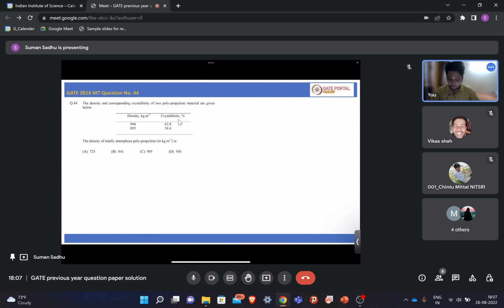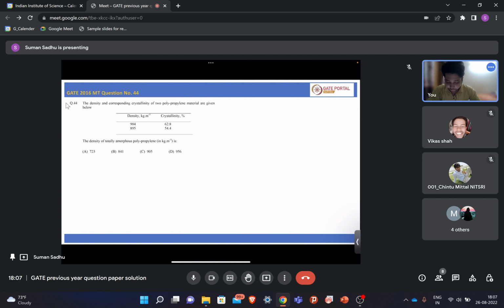Screen is visible to everyone, right? Yes, sir. Okay, so this is question number 44 of GATE 2016 Metallurgical Engineering. The question is: the density and corresponding crystallinity of two polypropylene materials are given below.